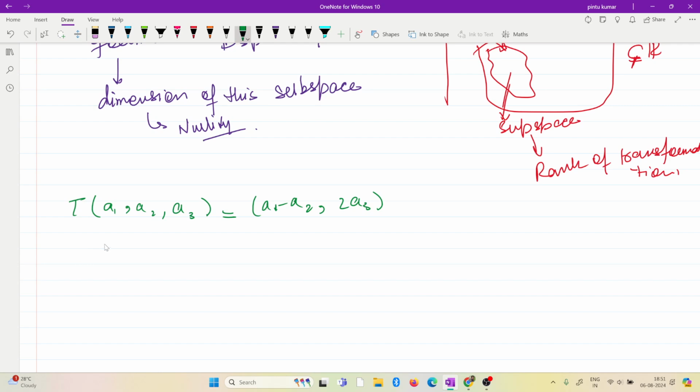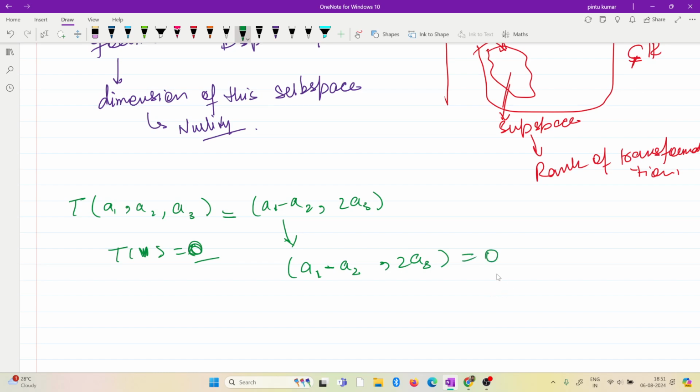So we want to find A1, A2, A3 such that my T of V is 0. I want to find all such vectors such that their map is 0. So what we want is that this vector (A1 minus A2, 2 A3) must be 0.